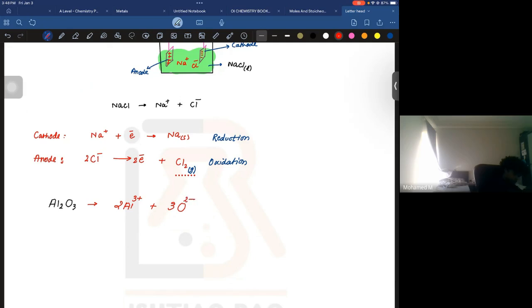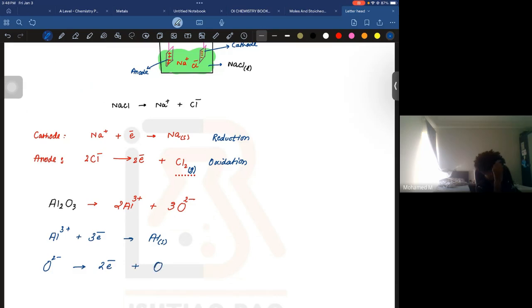Oxygen has a 2 minus charge. Then this aluminium would go towards the cathode, gain 3 electrons, and form aluminium metal that is solid, and this O2 minus would lose electrons and form neutral O.